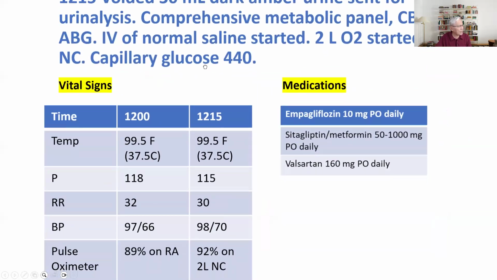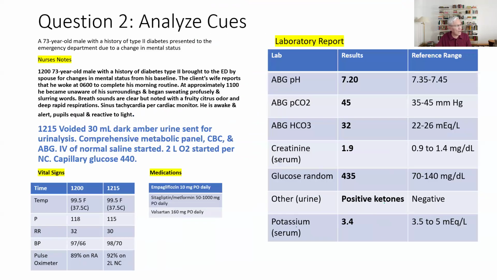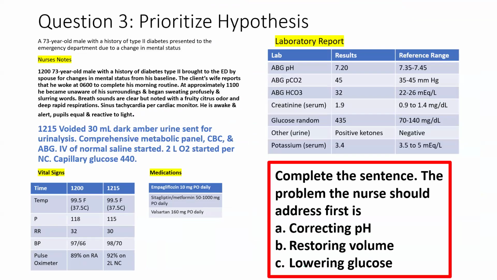And it's the same medications, but the vital signs: unchanged temperature, the pulse is a little bit better, respiration's a little bit better, blood pressure almost, and pulse oximetry on 2 liters is much better, okay? And we already have this laboratory report before. Okay. So let's go to complete the sentence.